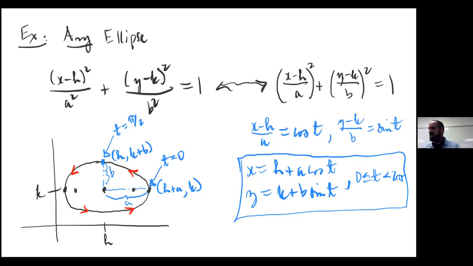And actually, let's go ahead and do that. Okay. So here's an example. This time we're going to start with the parametrization.